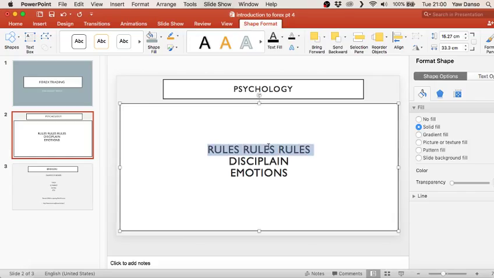Once you've created your rules, then you have to be disciplined about the rules. So then we make the trading plan, fine. It's not enough. You have to follow it. That's where discipline comes in.